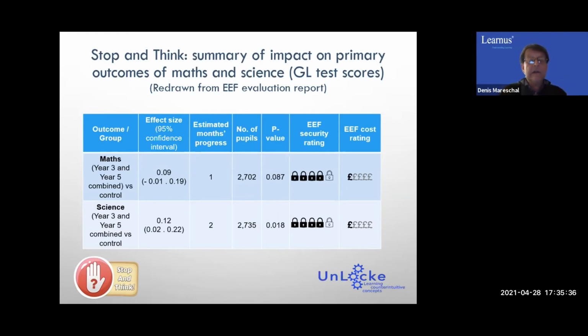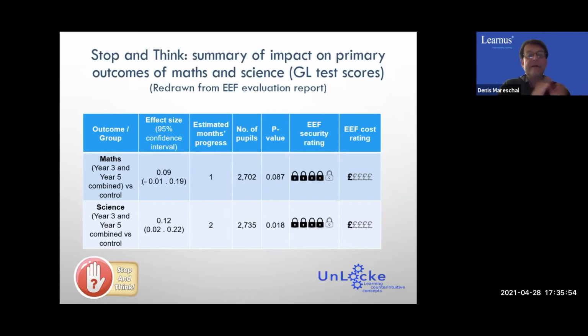But anyway, let's have a look at the result in terms of math and science performance. In their evaluation, the EEF pooled the year 3 and year 5 data together because they weren't interested in any particular age differences.